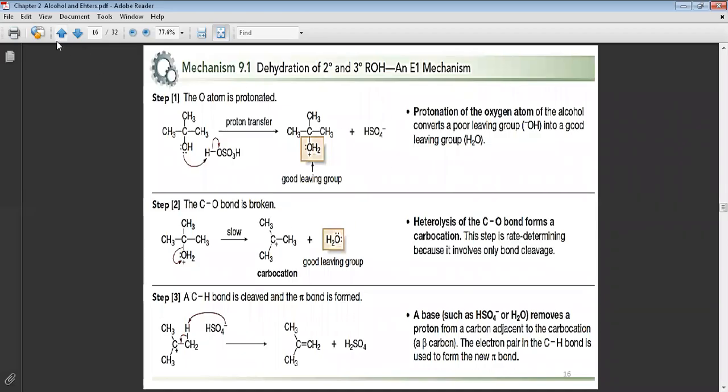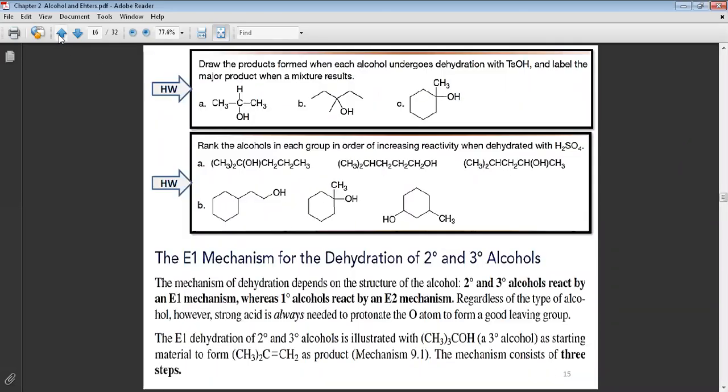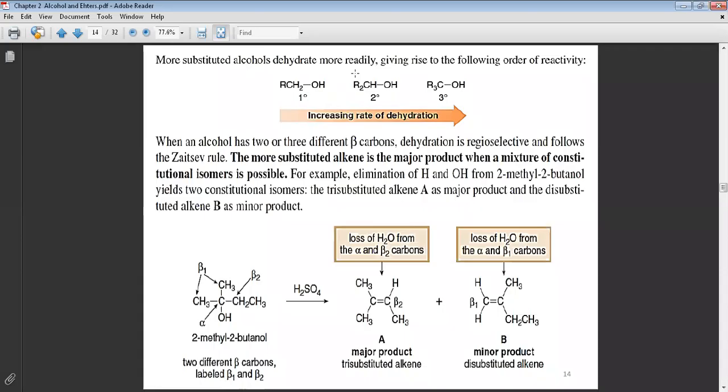You can write here, dependent on the stability of the carbocation. Because we have a carbocation here, and the tertiary alcohol gives a tertiary carbocation, which forms faster than a primary carbocation.